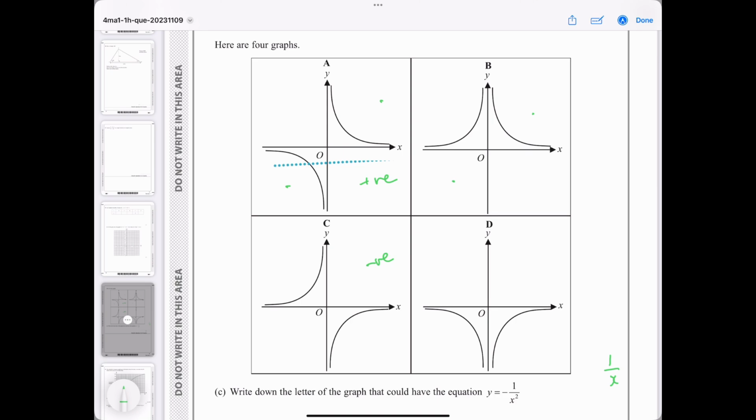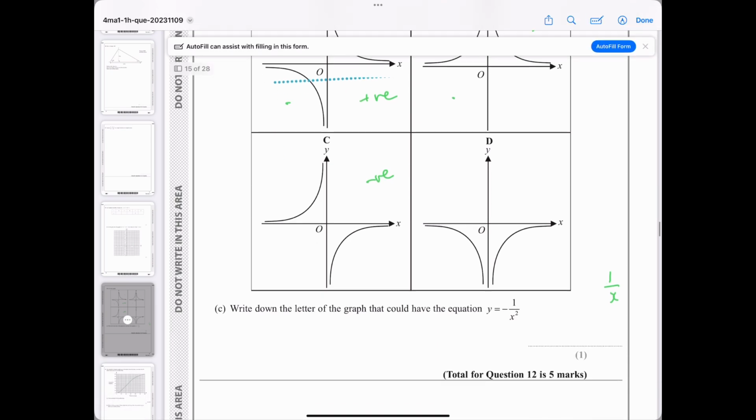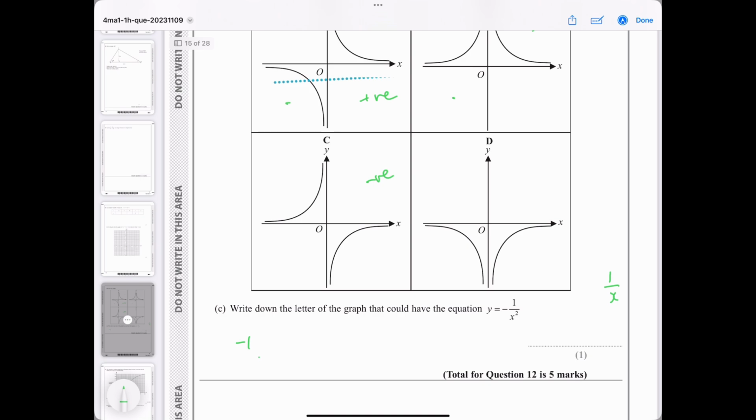Because it's slightly different, because with 1 over x squared, x squared can't be negative. So let's try one or two values in that, and then we can find out. Let's try negative 1 in there. Negative 1 gives us 1 over 1, but that's a negative, so negative 1 gives us negative 1.